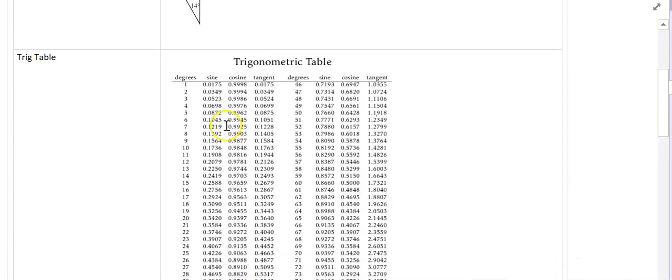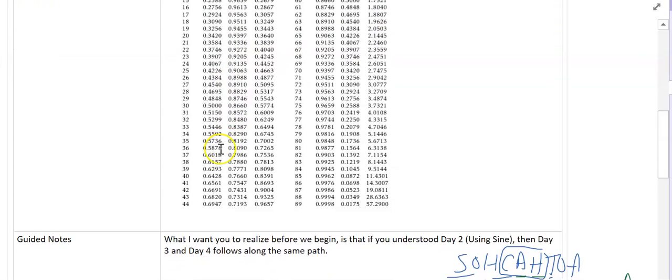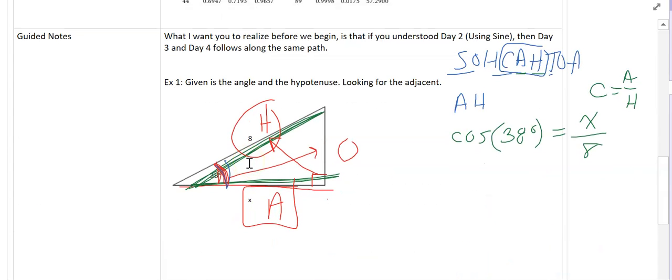But now instead of going to the first column, which was sine, we're going to look at the second column. It's really the only difference you're going to see between day 2 and day 3: we're using the second column, the middle column, the cosine. So we find our 38, and we match it up with the decimal, .7880.